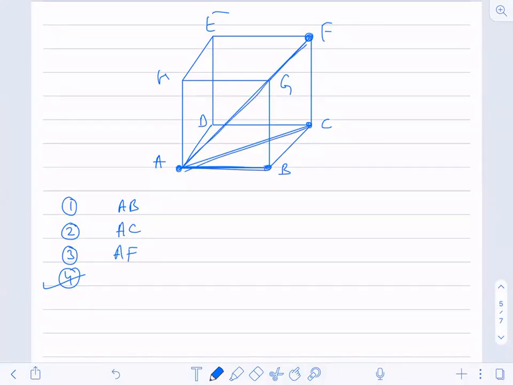Understood? What is the result about AB, about AC, and about AF?